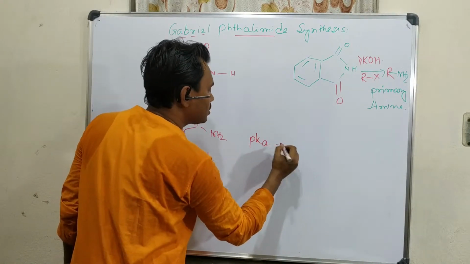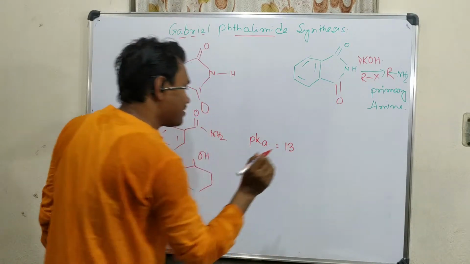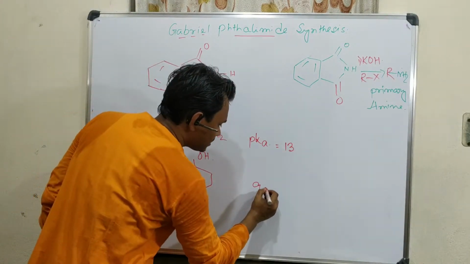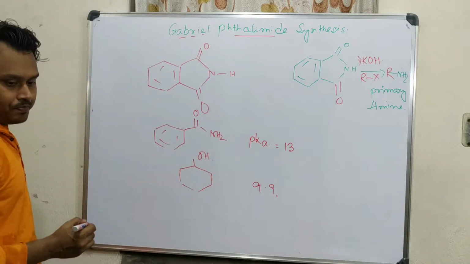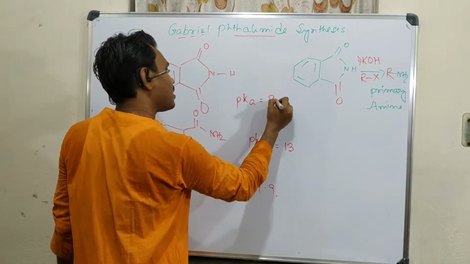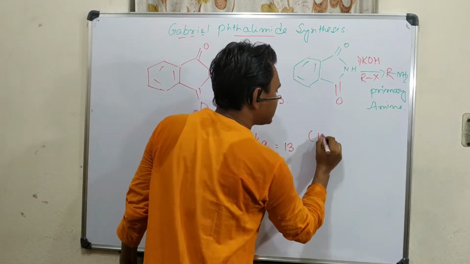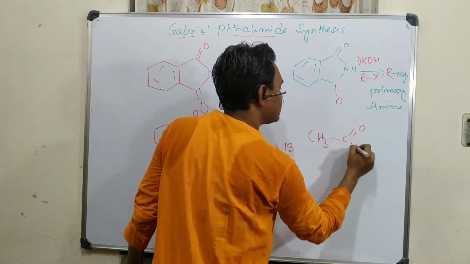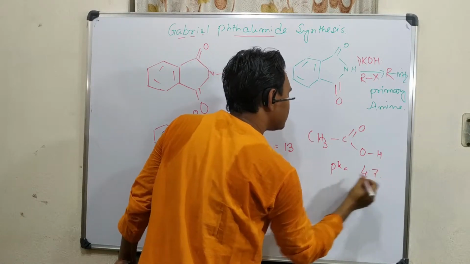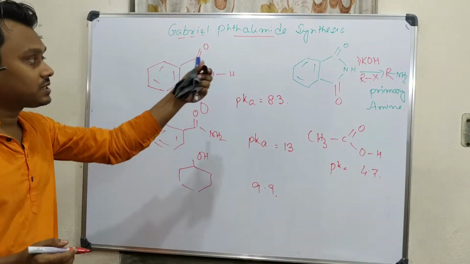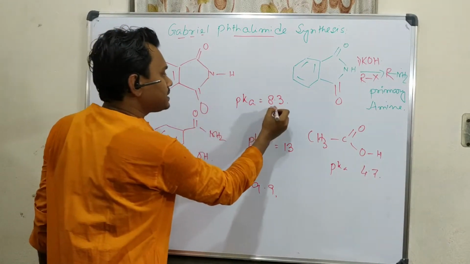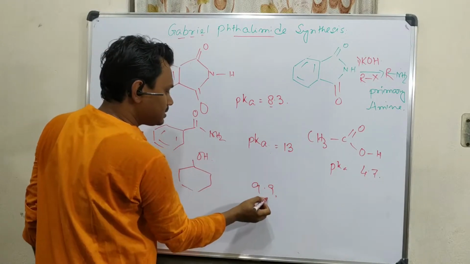I request you, don't consider this value as 100% accurate. This may vary. Phenol is 9.9 pKa and this is 8.3 pKa. And if you consider acetic acid, pKa is around 4.7. So why am I saying this? Because the next step is associated with the acidity. So here pKa is 8.3, here is 13, here is 9.9.